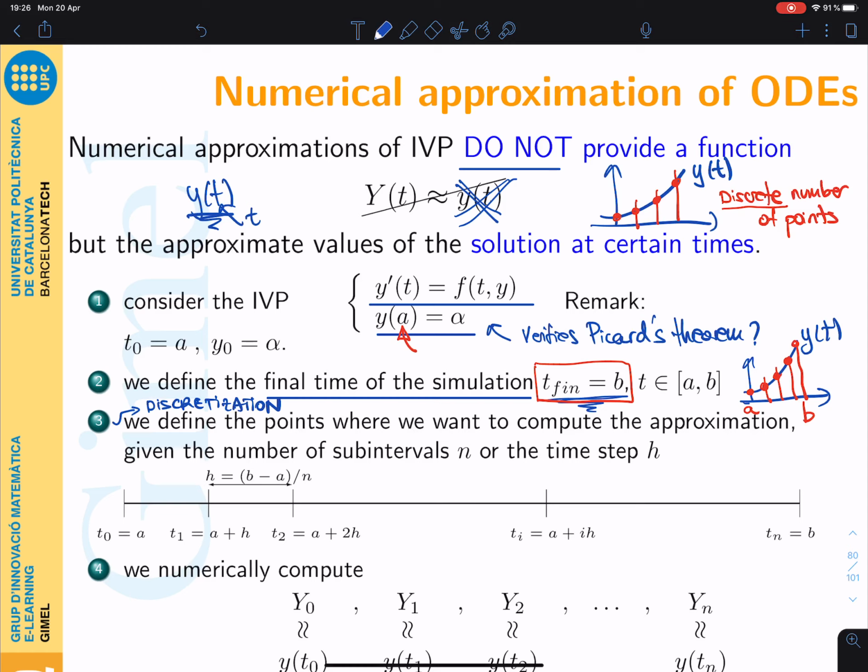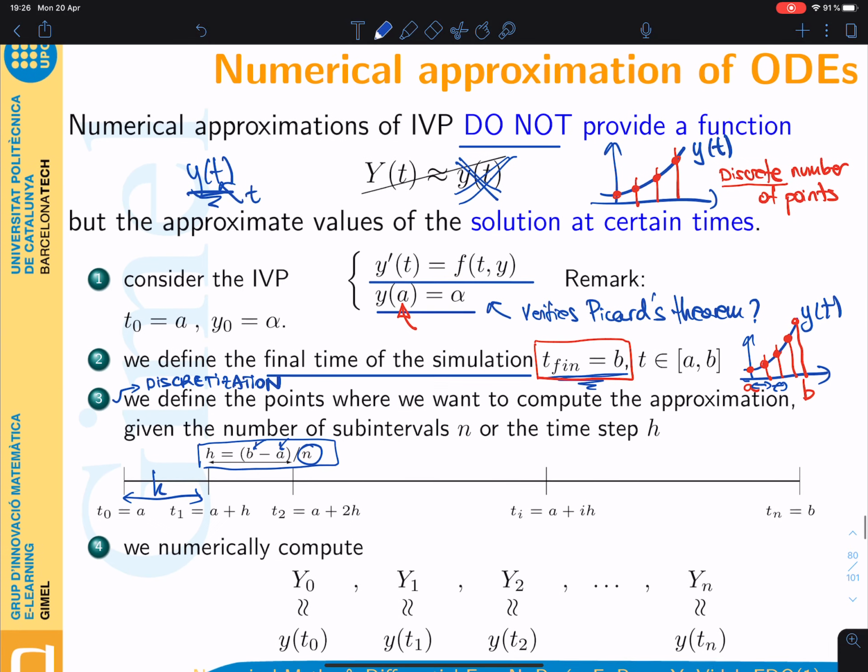So we can either decide on the length of each interval. In this case, these lengths I was plotting here will be called h. And at the end, we will have a total of n subintervals. So of course, we have this relationship between h and n, assuming that b is the final time and a is the initial time.